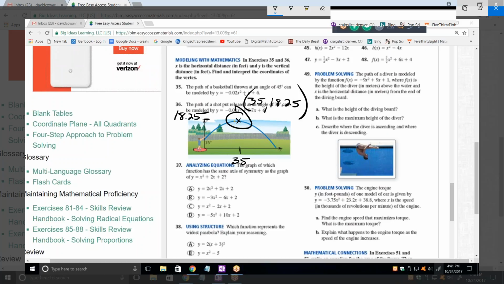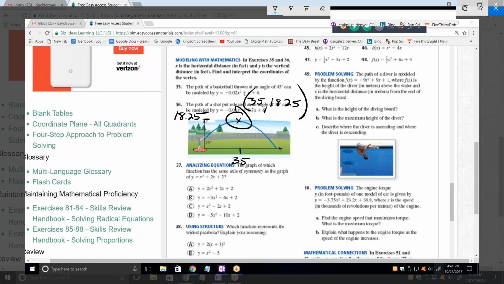In real life, when you throw anything, it doesn't have to be a shot put, it can be a tennis ball, a baseball, a football, it follows a parabolic path. Always. So if you want to know the maximum height, it's the y-coordinate of the vertex. If you want to know where that comes, it's the x-coordinate of the vertex.